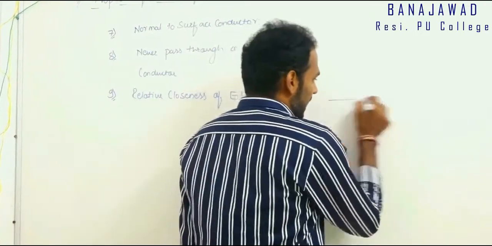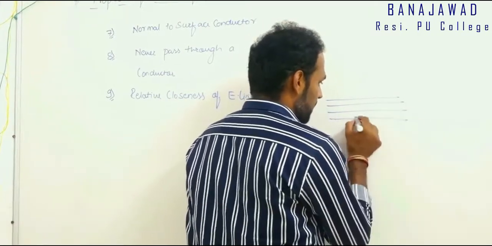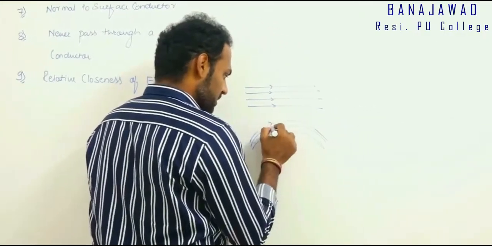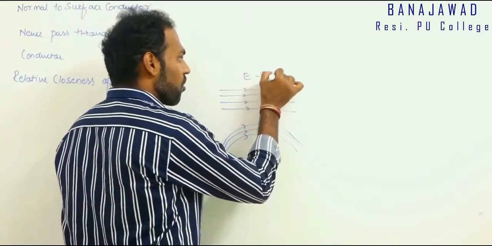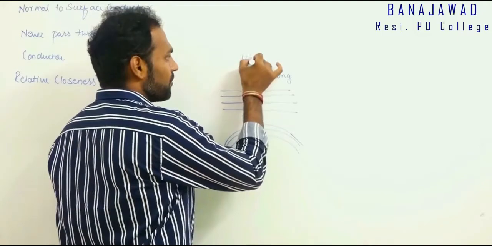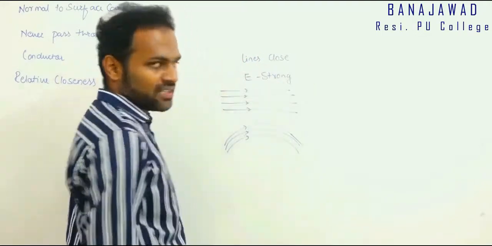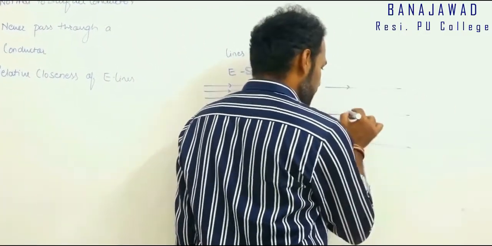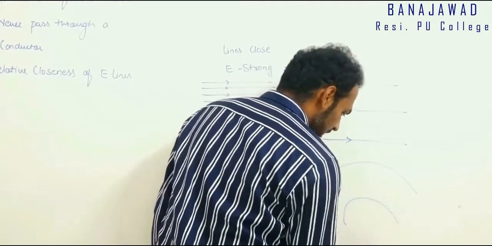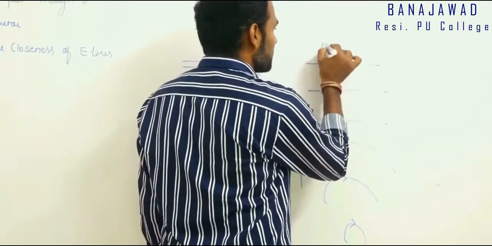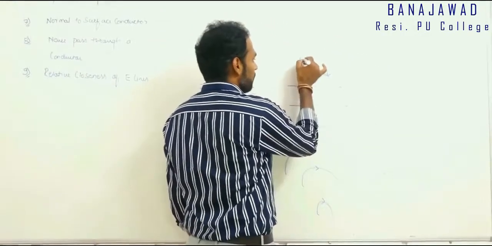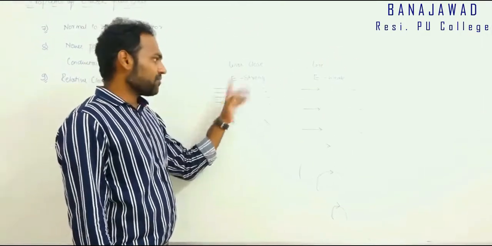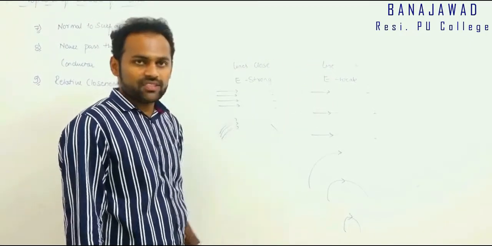If in a region the electric field lines are very close to each other, then the electric field is said to be strong. If the field lines are far apart, then the electric field is said to be weak. If the lines are close to each other, the field is strong; if far away from each other, the field is weak.